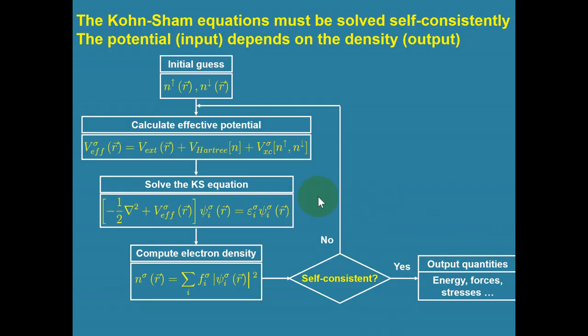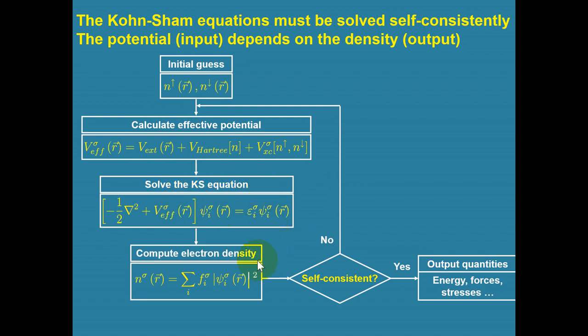All in all, for this unit, the Kohn-Sham equation, that is the heart of DFT, must be solved in self-consistency. First we have an initial guess of the electron density for our system. And then we have to calculate the effective potential and put it into our Hamiltonian to solve the Kohn-Sham equations.